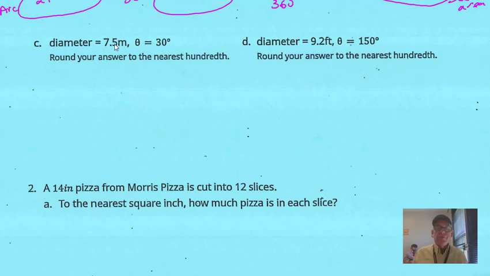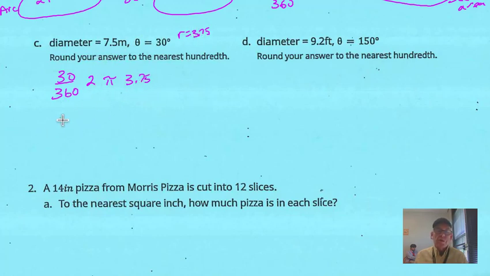We're given the diameter. So radius is going to be half the diameter. That's going to be 3.75. Make a note of that. And our central angle is 30. So 30 over 360, that's like 1/12 times 2 pi r. So times 2 times pi times 3.75, which is the same thing as pi d, 7.5.